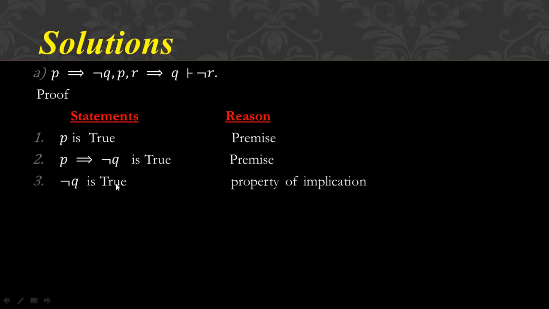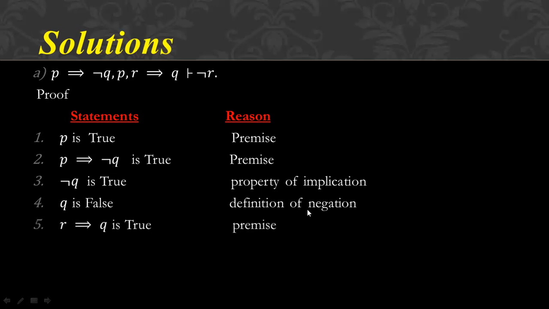Why? Because for this logical implication, the hypothesis P is true, so if the conclusion negation of Q is false, true implies false can never be true. So for this implication to be true, if P is true, negation of Q must be true. If negation of Q is true, what about Q? Q is false, just the definition of negation.